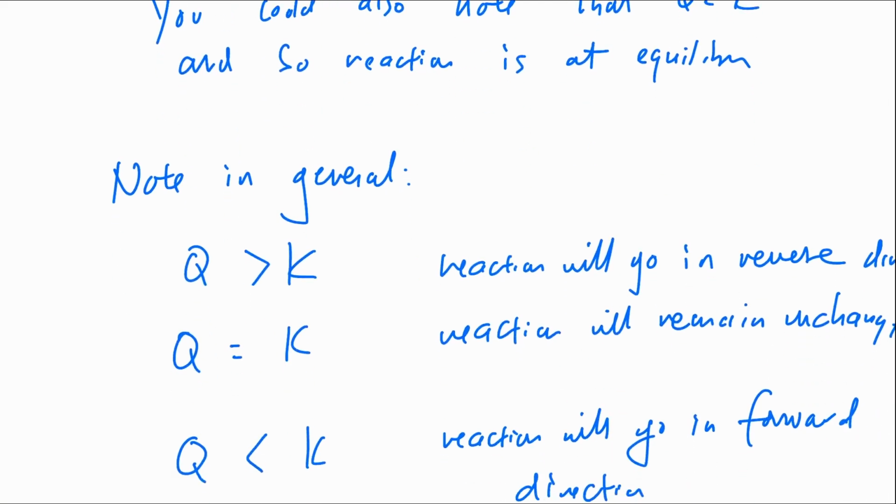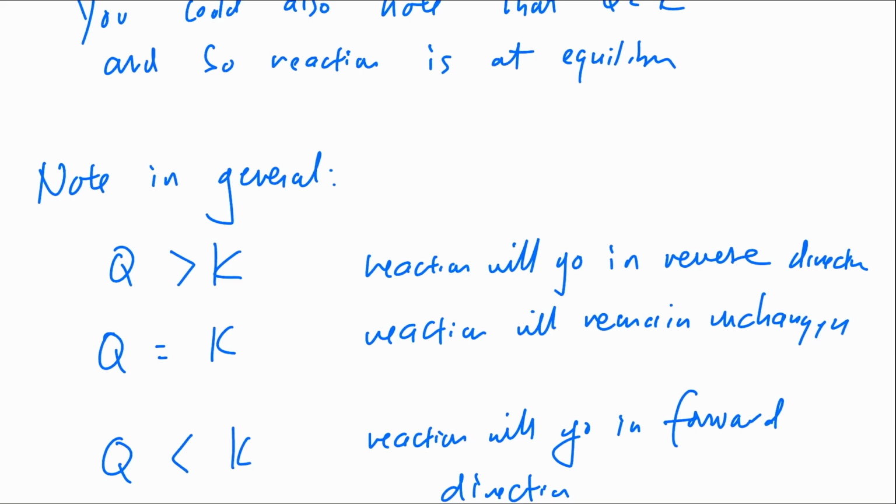If Q is bigger than K, you want to change things to make Q be K. Q stands for quotient, which is a fancy word for stuff in the numerator and stuff in the denominator.